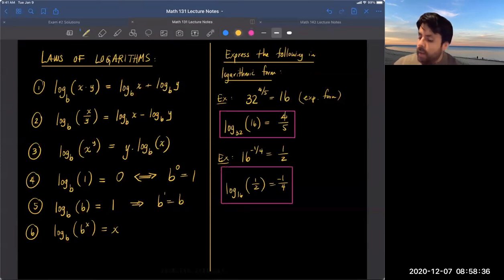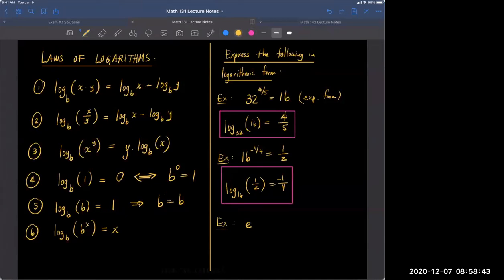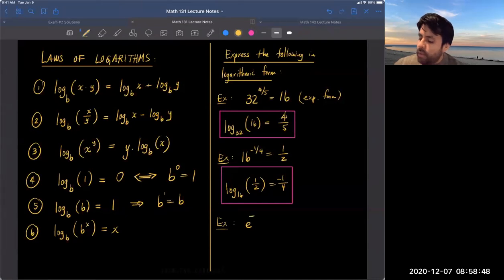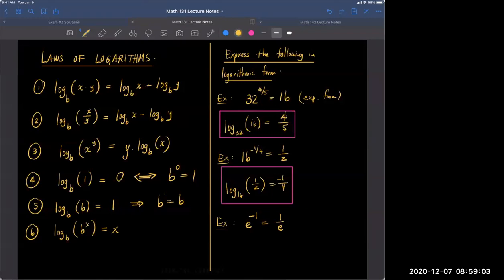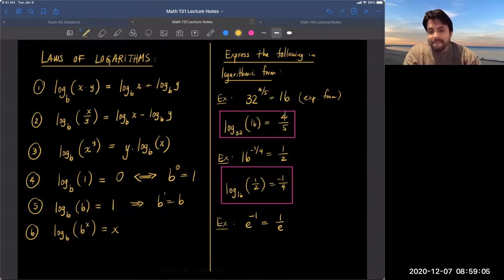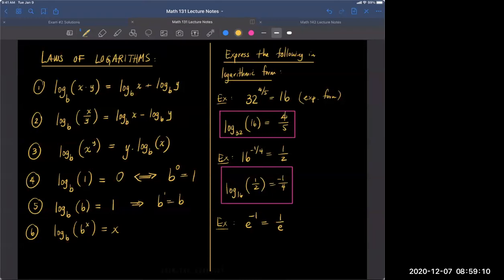What if I say e to the negative 1 is 1 over e? It's the same exact thing. What is that same exact thing?